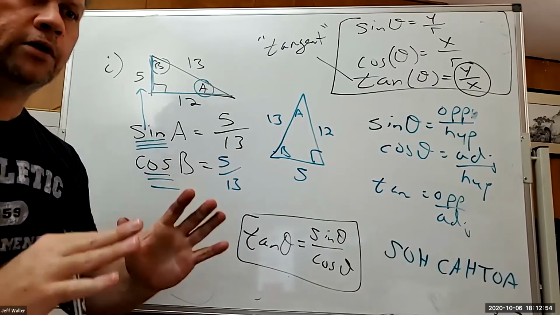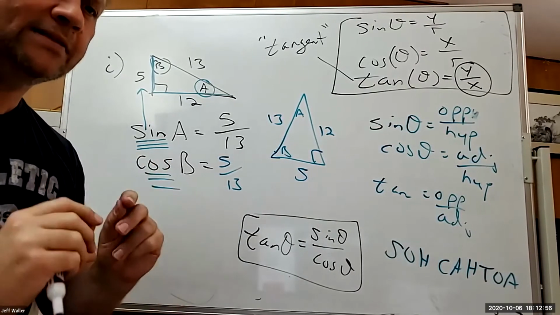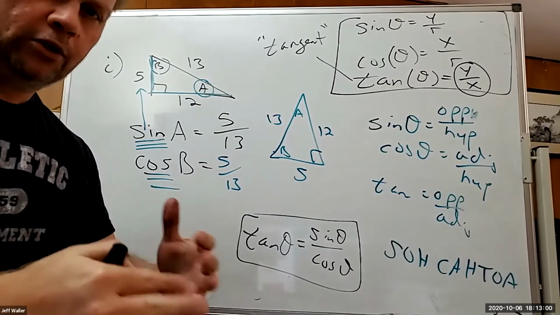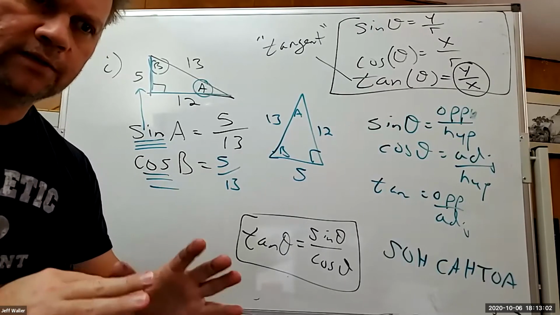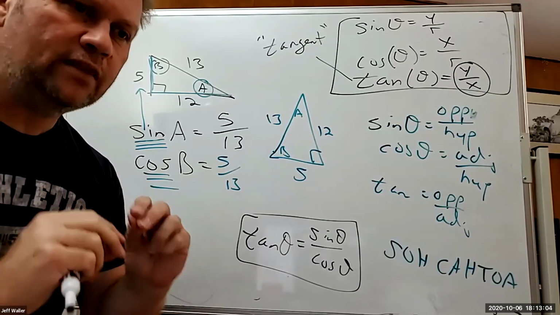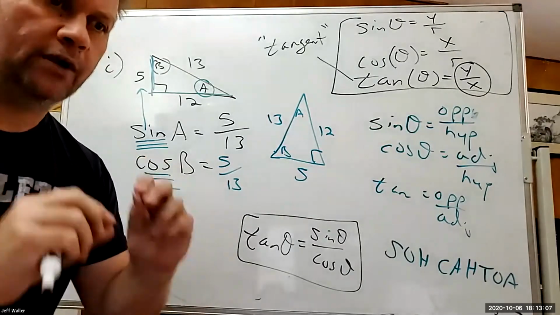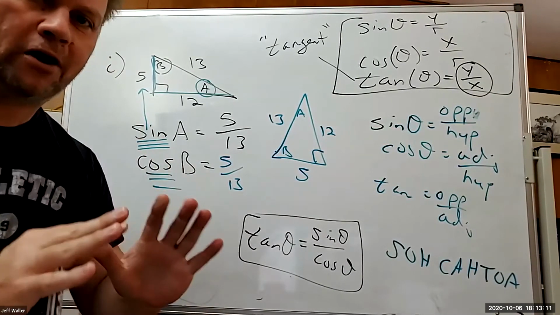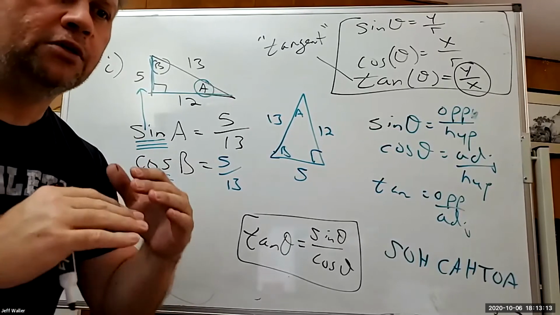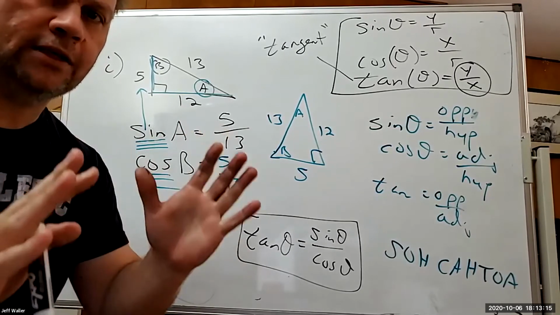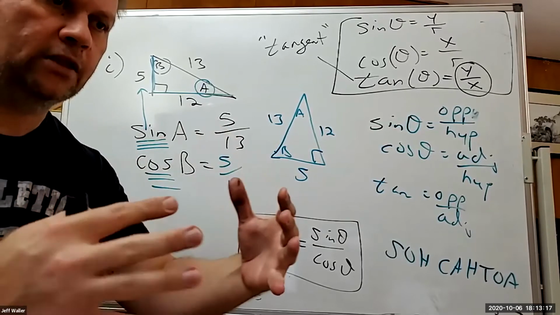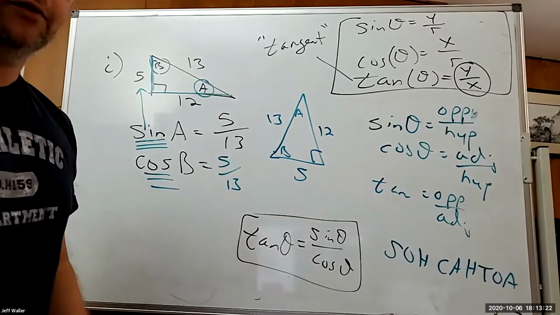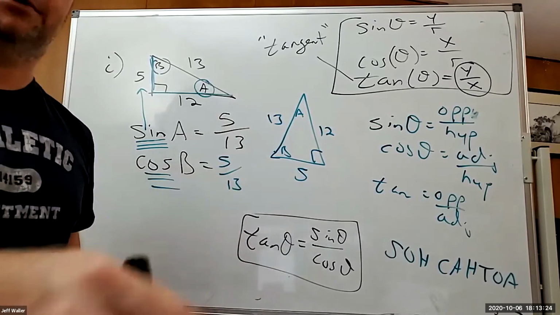So what I really want you to think about, I'm not saying this is going to help you memorize stuff, but as we learn more complicated trigonometric things, remember that each of these is just the ratio of sides of triangles. That is all they are. How can we use them? In crazy ways, so many ways, but they always boil back down to ratios of sides of triangles.